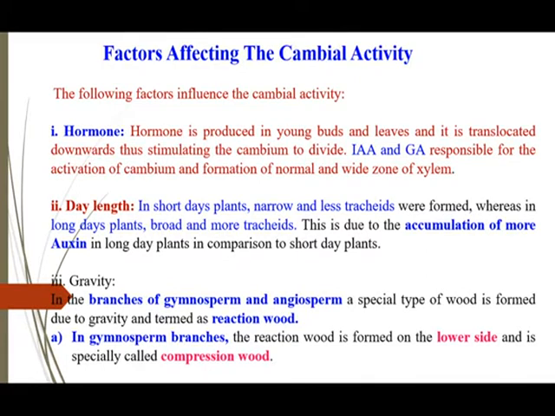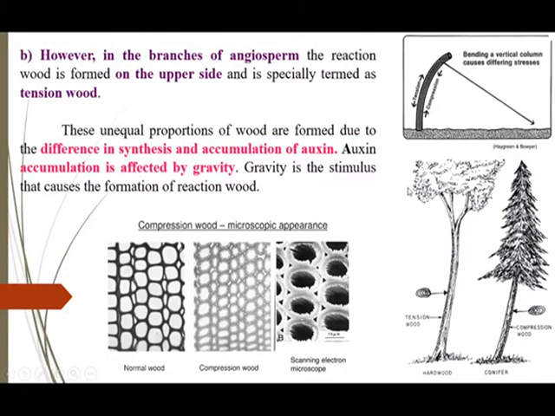Gravity also affects the cambium activity. In the branches of gymnosperm and angiosperm, a special type of wood is formed due to gravity, and this wood is known as reaction wood. In gymnosperm, this wood is formed on the lower side and it is known as compression wood, whereas in angiosperm it is formed on the upper side and known as tension wood.